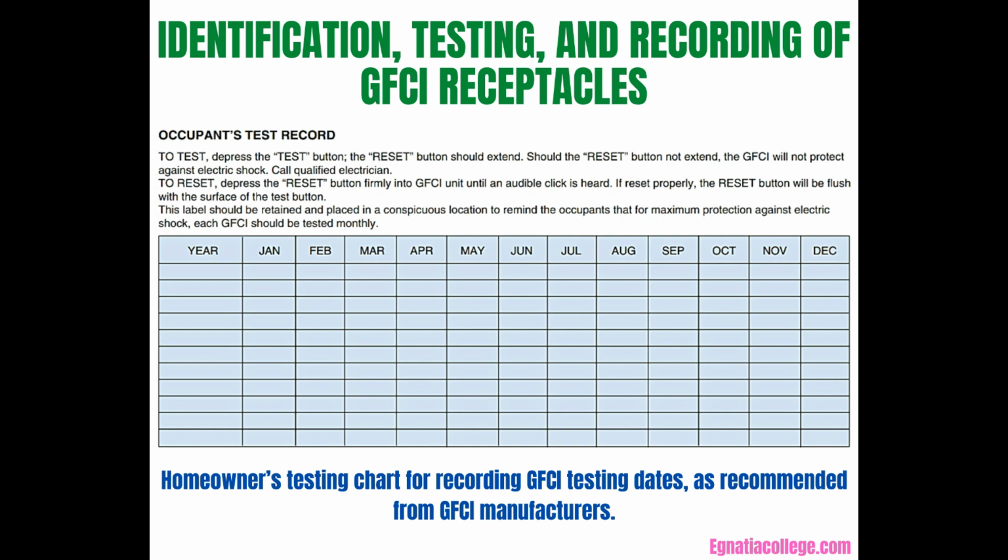Monthly testing is recommended to ensure that the GFCI mechanism will operate properly if a human being is subjected to an electric shock. Will the homeowner remember to do the monthly testing? Will the homeowner recognize and understand the purpose and function of the GFCI receptacle? Should all of the bathroom GFCI protected receptacles be identified?